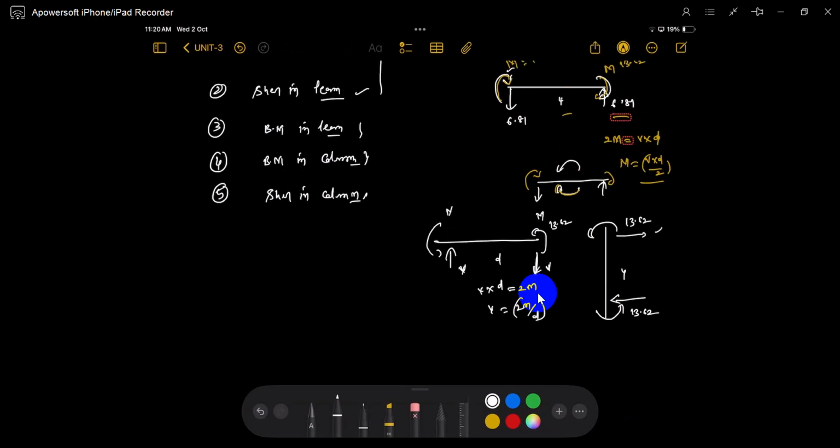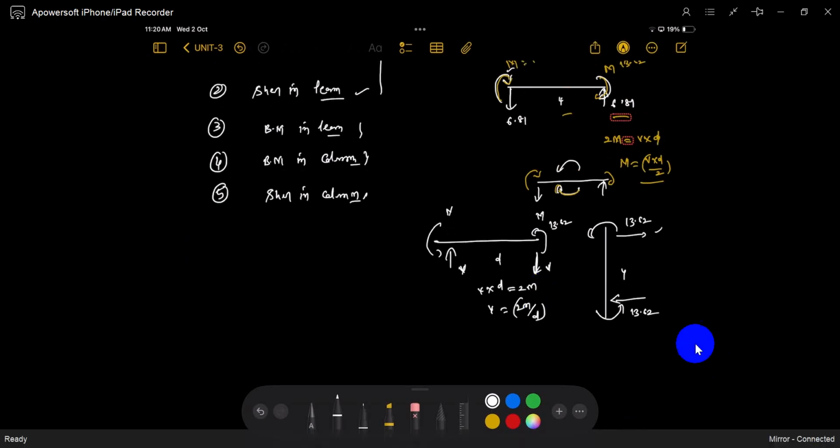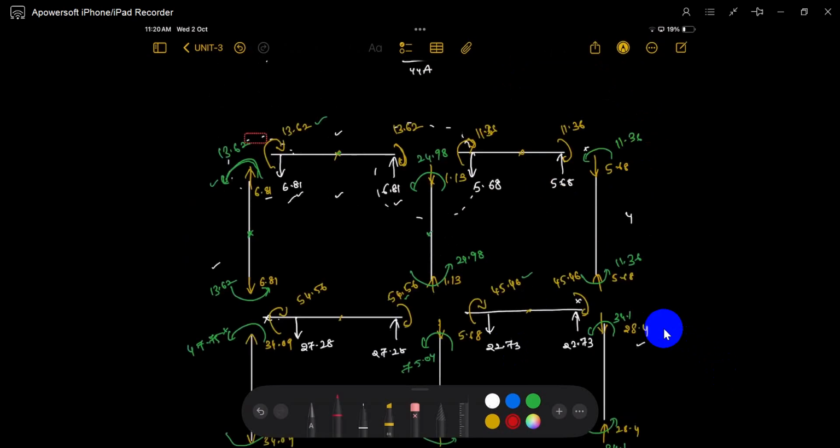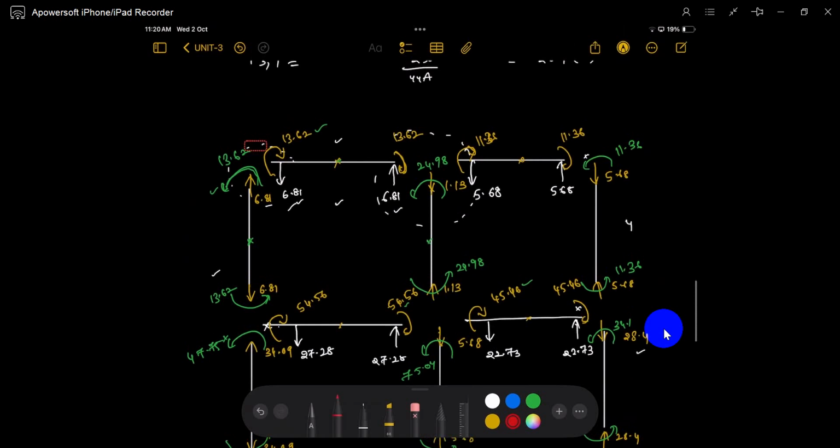Okay, so now comes to calculate 13.62 divided by 2 here and here. So what is that value? 6.81.